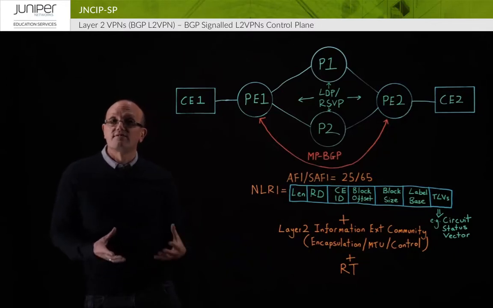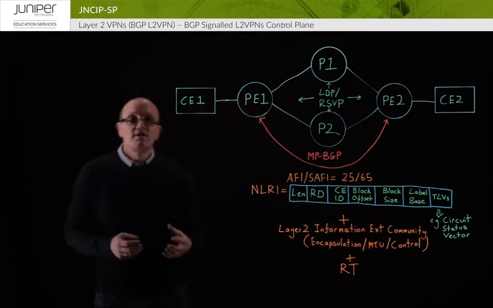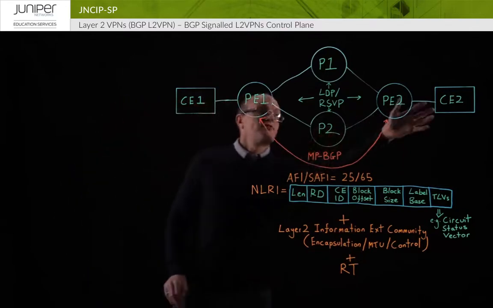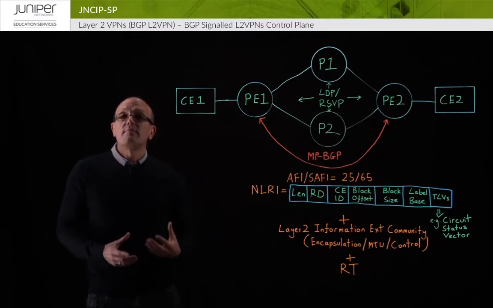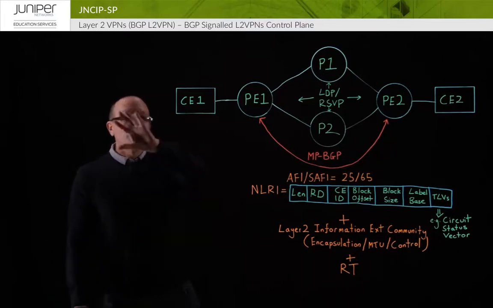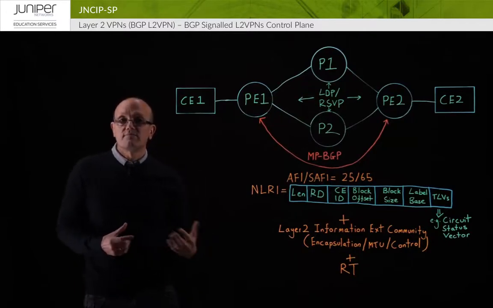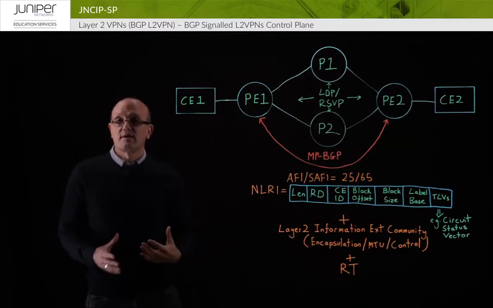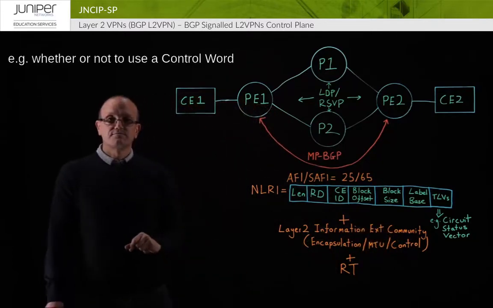Are we using VLANs? That sort of thing. And it's also going to be telling us the MTU of the circuit. So we can be using this to ensure that there are no MTU mismatches end to end on that virtual circuit, so that we're not going to be causing any strange issues when that circuit comes up. And we're carrying additional control information as well.